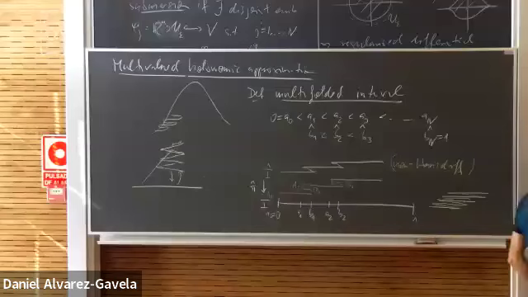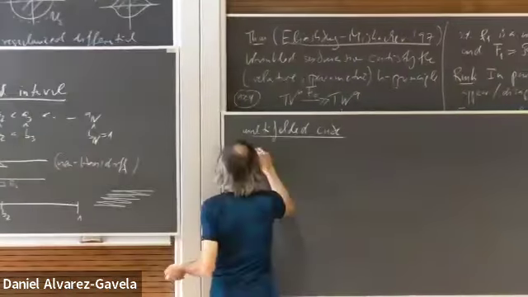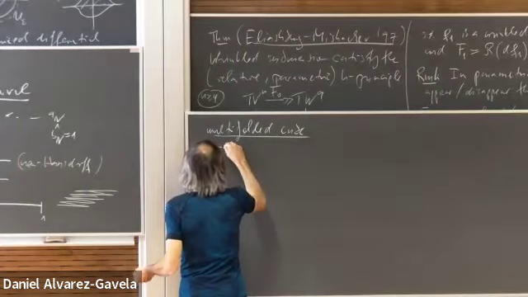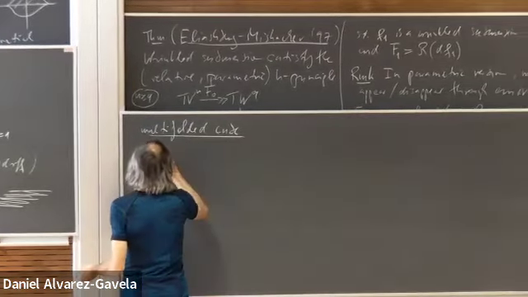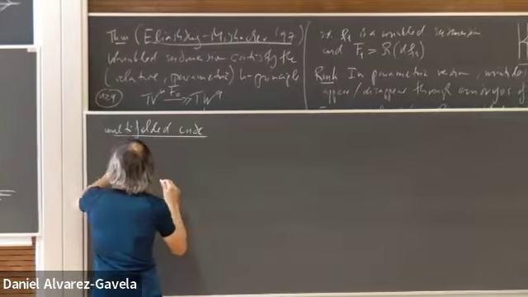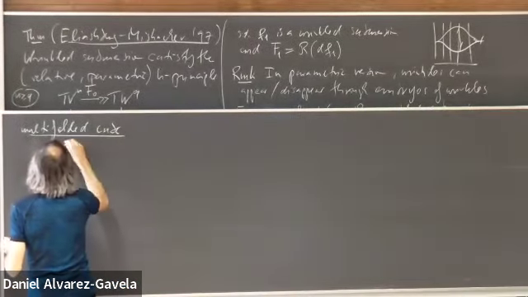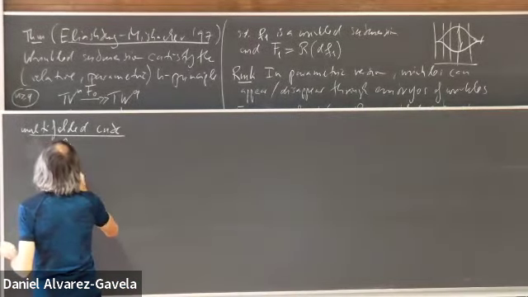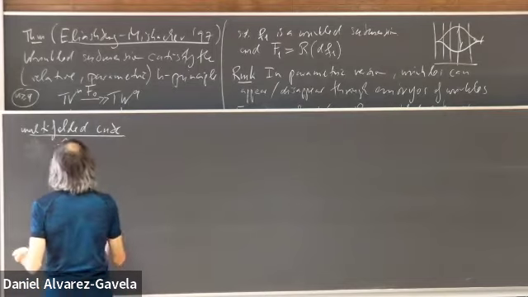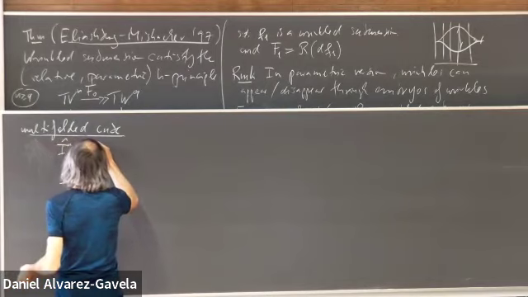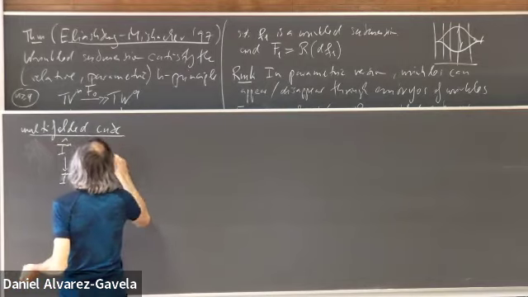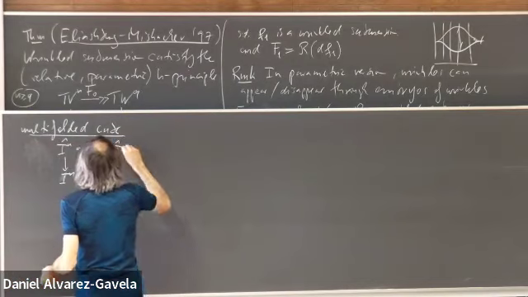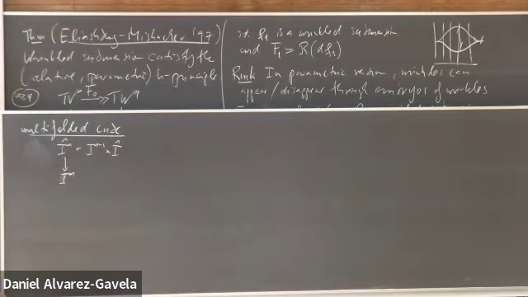Okay, so a multi-folded cube is an n-dimensional cube that projects onto the standard cube, and you can define it as the n-1 dimensional cube times the multi-folded interval in the last direction.